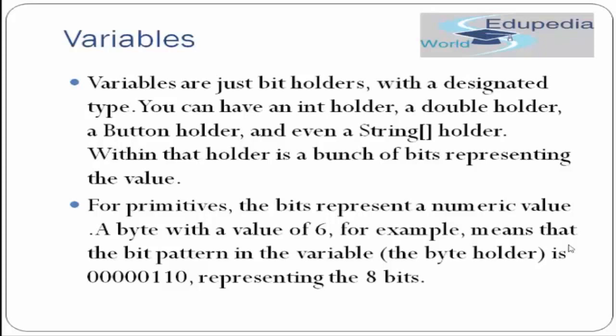For primitives, the bits represent a numeric value. You know everything in machine language is in the form of 0 and 1, so all primitive types are also written in the form of 0 and 1 in machine code. For example, a byte with a value of 6 means the bit pattern in the variable, the byte holder, is 00000110. This is the bit representation of 6, and your memory will contain the value 6 in this format.